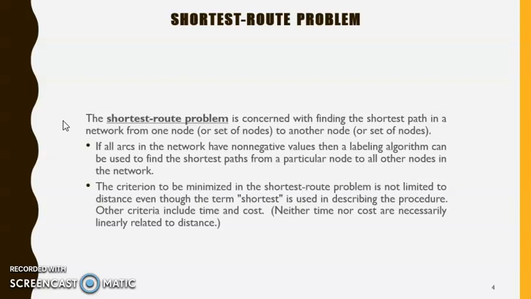If all arcs in the network have non-negative values, that is exactly the case that we have in our GPS system, because it is a model where all the values on the arcs are non-negative, in fact positive, because we don't have a road of length 0. When a road shows on a map, it has at least a length of, for example, 10 feet.